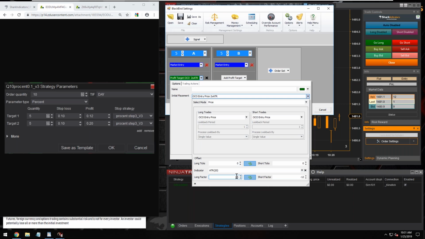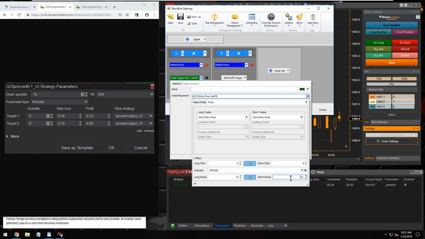So that would make it a 12 ATR profit target. And you can see that the short factor here reverses itself automatically, right? So really, for the most part, you only need to set up the long side of things, and the short side will set up the opposite condition for you automatically, right?